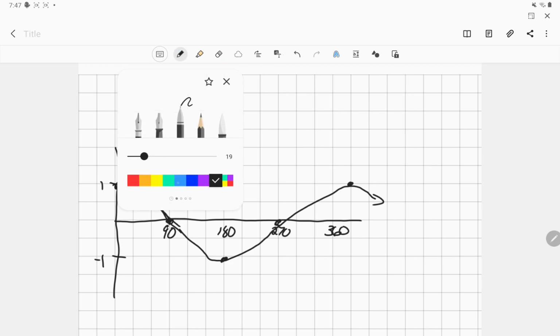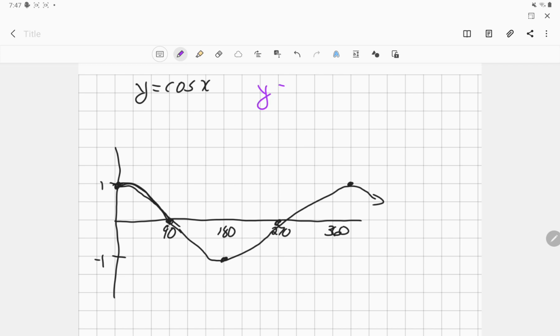Now, if I was asked to draw the reciprocal, which would be y is equal to secant x, same rules as before. Wherever it crosses the x-axis, there is a vertical asymptote. Wherever it's 1 or -1, I have an invariant point.